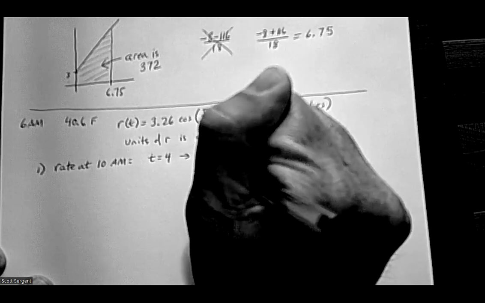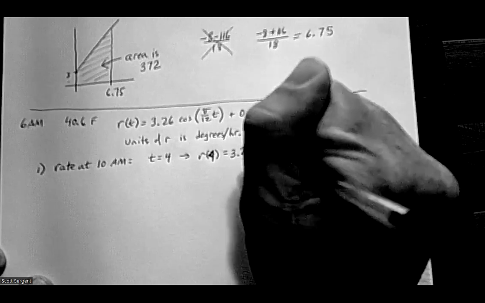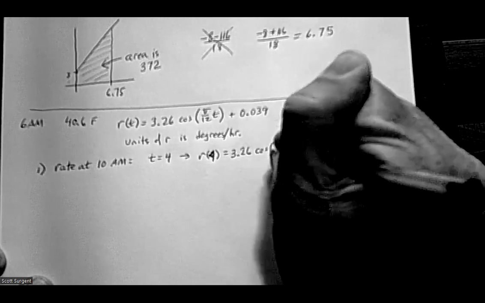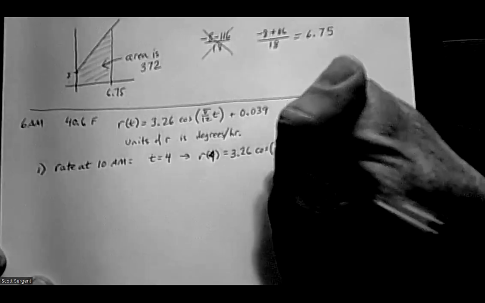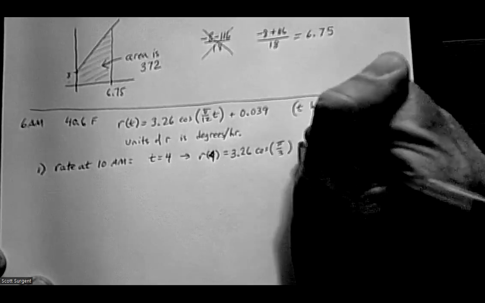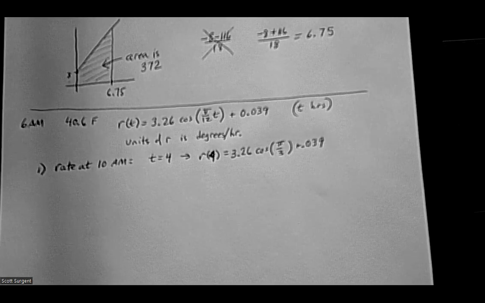And I'll say just so everybody knows, always be in radian mode. Anytime you do analytical trigonometry, it's always radians. You pop a 4 in there, you get pi over 3. I'm going to punch that out real quick on the calculator. 3.26 cosine pi thirds plus 0.039.